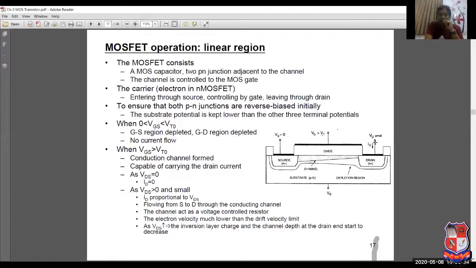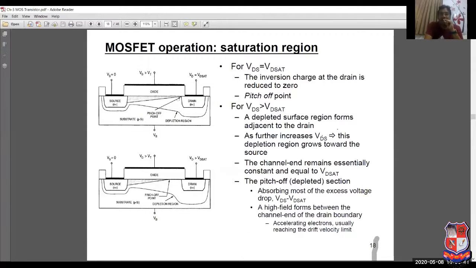Once your VDS is equal to VGS minus VT, after that point the pinch off takes place, and a further increase in the VDS will cause the channel to reduce. In this case, your constant current is flowing because of the velocity saturation, and this current is known as the saturation current.